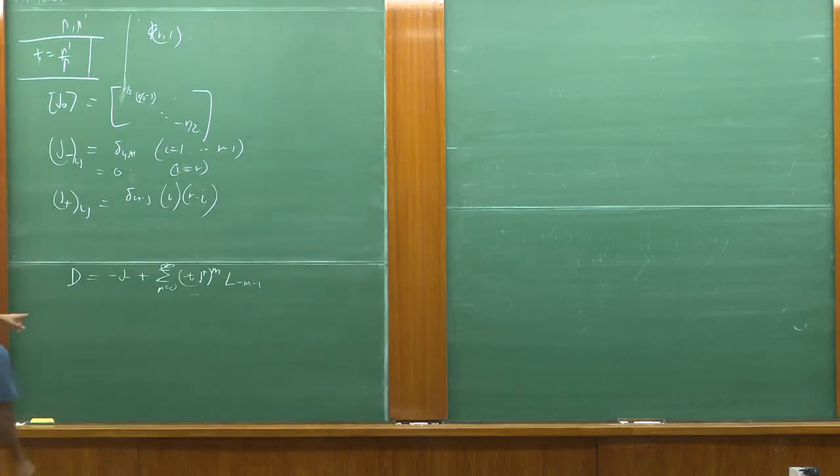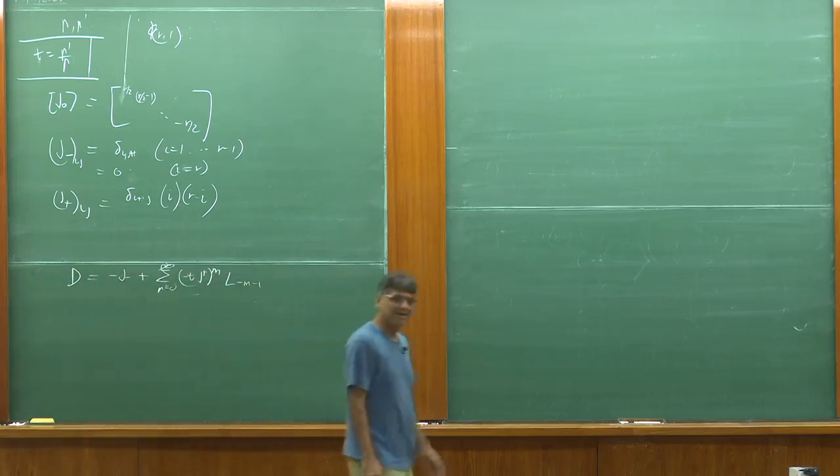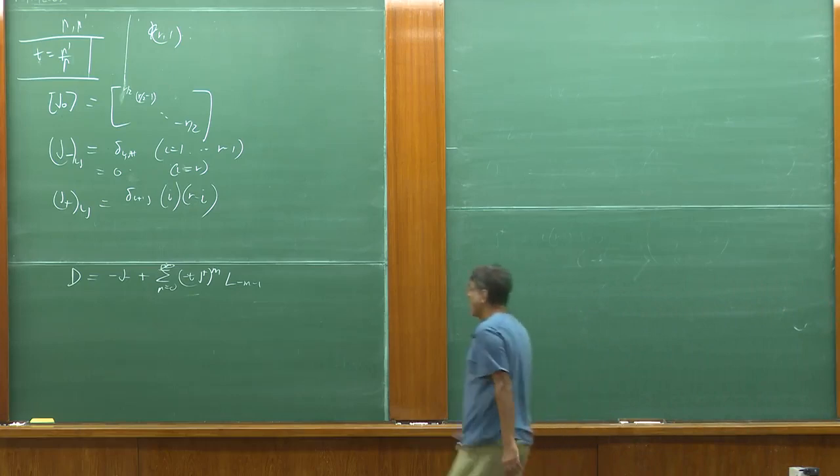This sum was defined from 0 to infinity, but since J plus to the power R was 0, the sum effectively went from 0 to R minus 1.